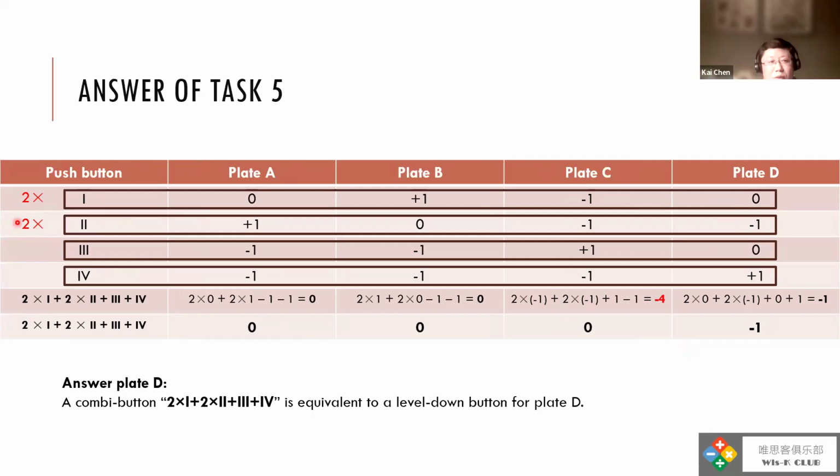So here we do have some multiple times for 1 and 3 and 2, and at the end we're able to level down D, with all zeros for the other plates. So you do think that's amazing. Of course, it's a really complex oven, but it's amazing that we are still able to make this happen by some combinations.